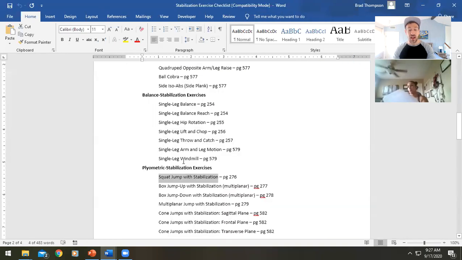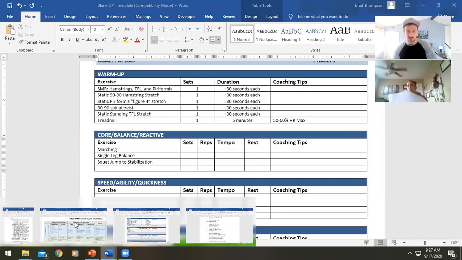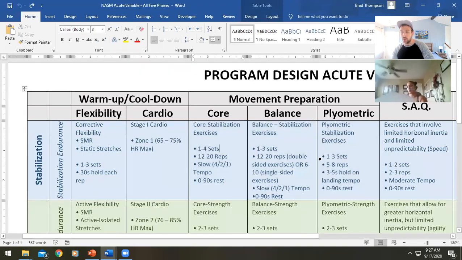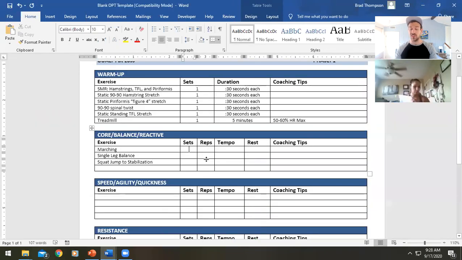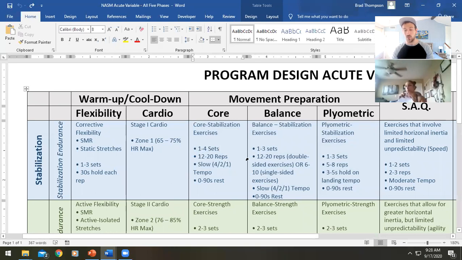Now I go back to my sets of rules. 1 to 4 sets, 1 to 3 sets, 1 to 3 sets. I'm going to keep this relatively short because this client's also going to do cardio today. So I'm going to do 2 sets for each of these. My reps are 12 to 20, 6 to 10 because it's a single-sided exercise, and 5 to 8.